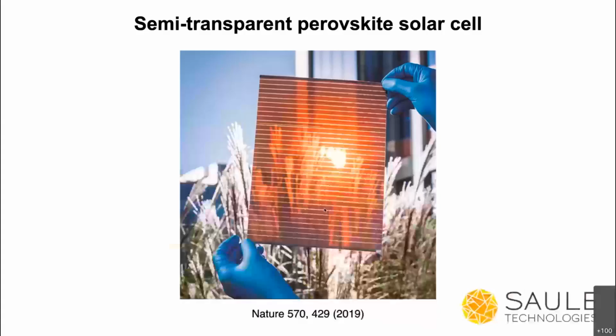You see it just takes maybe 2 or 3 seconds. So this is really amazing. And there are also transparent perovskite solar cells, which are made by a Polish company. So this is also very nice.